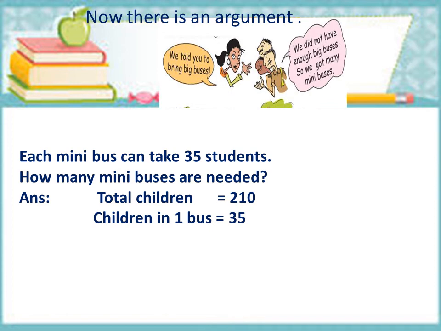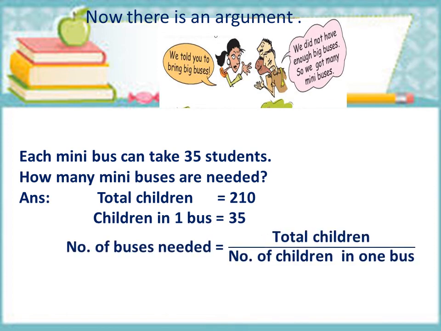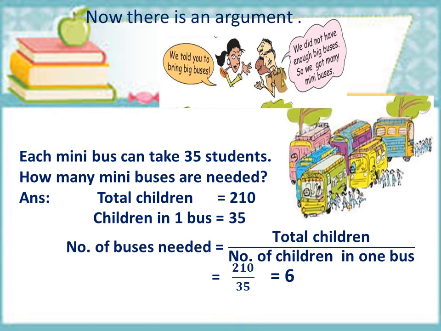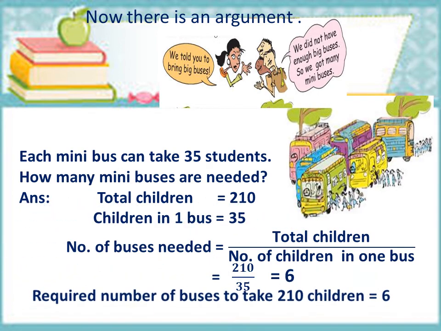Number of buses needed equals total children divided by number of children in one bus. So 210 by 35. Now we have to check the 35 table. In the 35 table, where will we get 210? 35 sixes are 210. So the required number of buses to take 210 children equals 6.